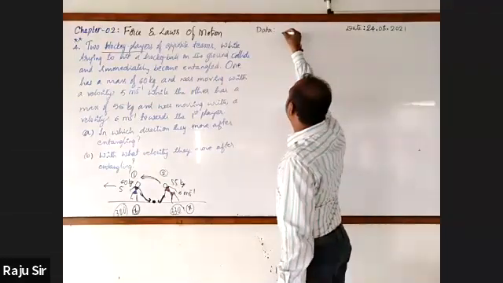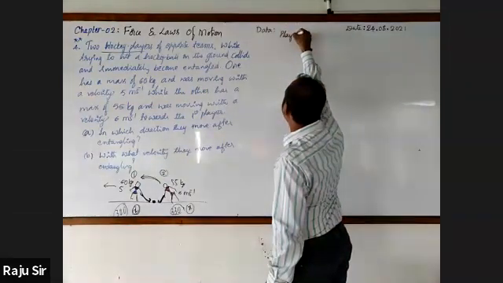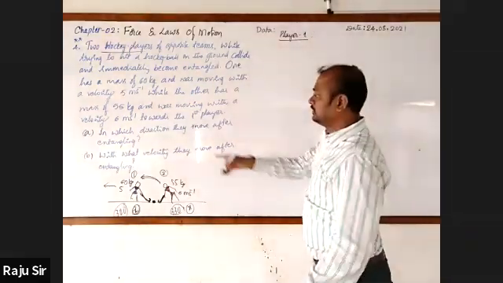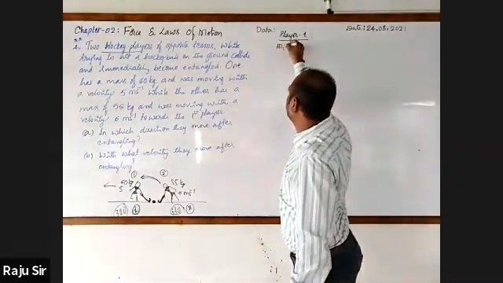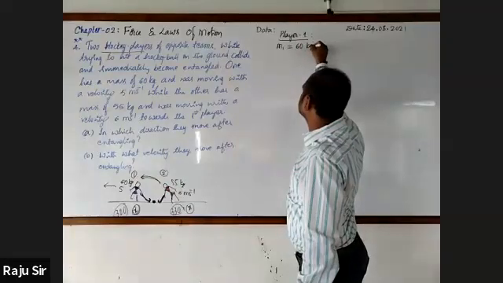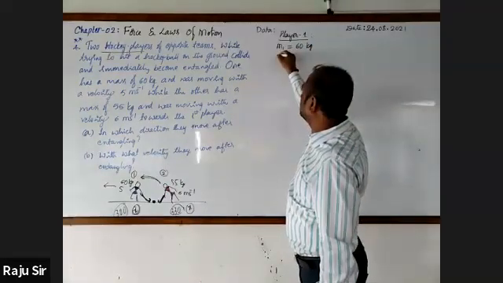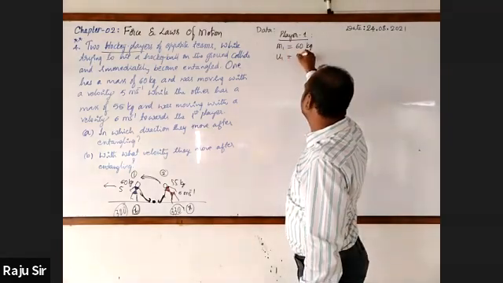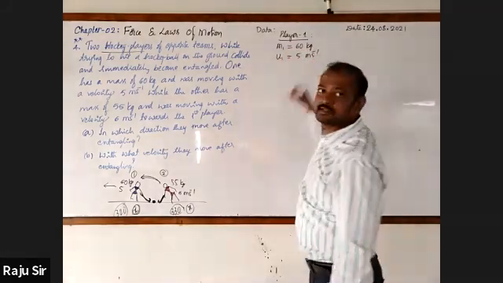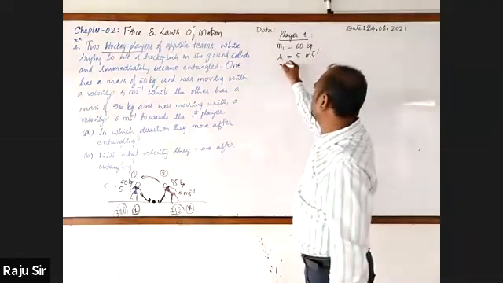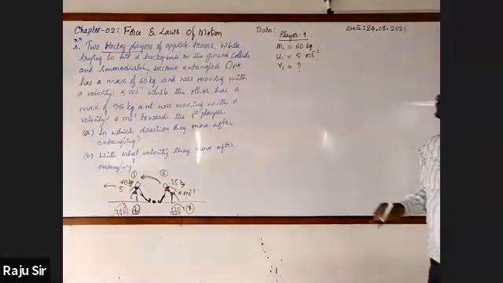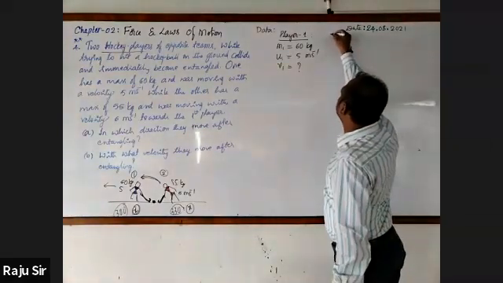Player 1. Just remember, what is the mass of player 1? 60 kg. And what is the velocity with which she is moving? 5 meter per second. Then velocity after entangling, V1 is question mark.